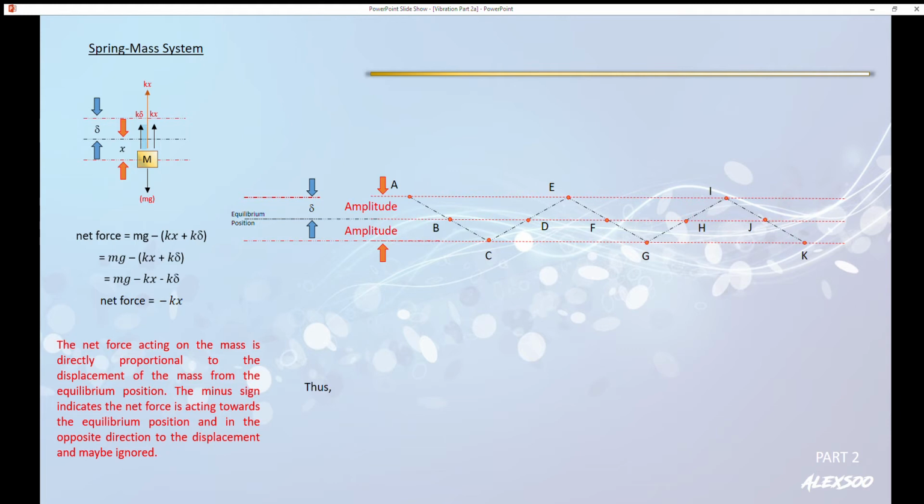So the net force acting on the mass is directly proportional to the displacement of the mass from the equilibrium position.